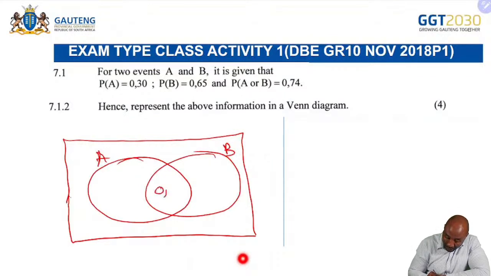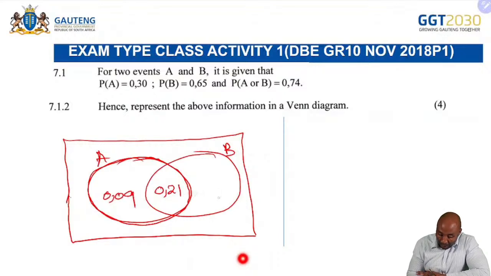So it's 0.21. So for this event A, we must have a probability of 0.3, meaning for our event A only it's going to be 0.09. And for our event B, which is 0.65, we will have 0.65 minus 0.21, and that should give us 0.44.